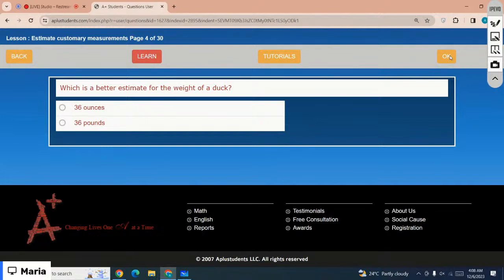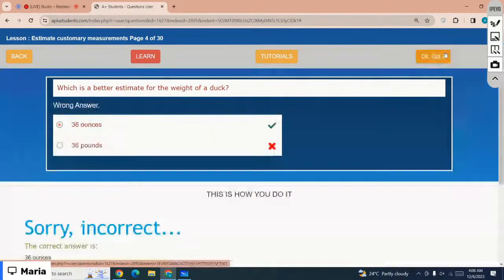That is the weight of a duck, right? That would be 36 ounces because pound is, but no, that is 36 pounds. The correct option is 36 pounds. Yes, because 36 pounds, right? 36 pounds is too much. So that would be 36 ounces, right?